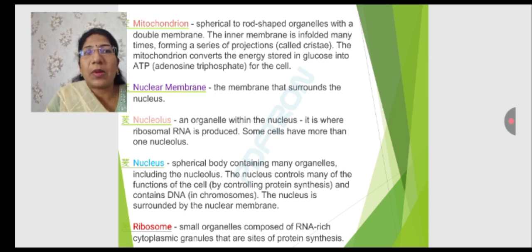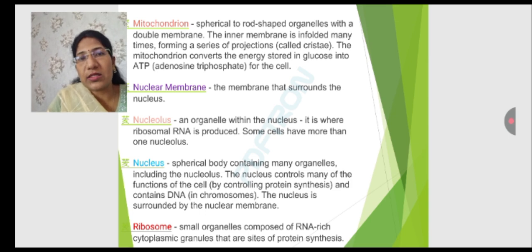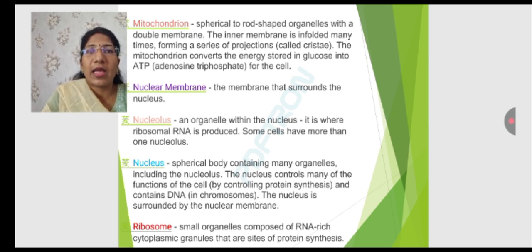Then the nuclear membrane. This nuclear membrane surrounds the nucleus. Then the nucleolus, an organelle within the nucleus. It is where ribosomal RNA is produced. Some cells have more than one nucleolus. Then what is the function of the nucleus, or what important role does it play in the animal cell?